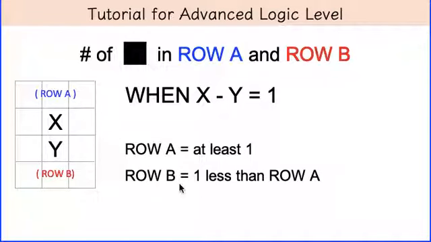And in row B, the number of black squares is always one less than the number of black squares in row A. So if I have two black squares here, then I will have one down here. If I have one up here, then I would have none. I cannot have 0 black squares up here because row A has to have at least one. Okay, and then I will explain to you why.